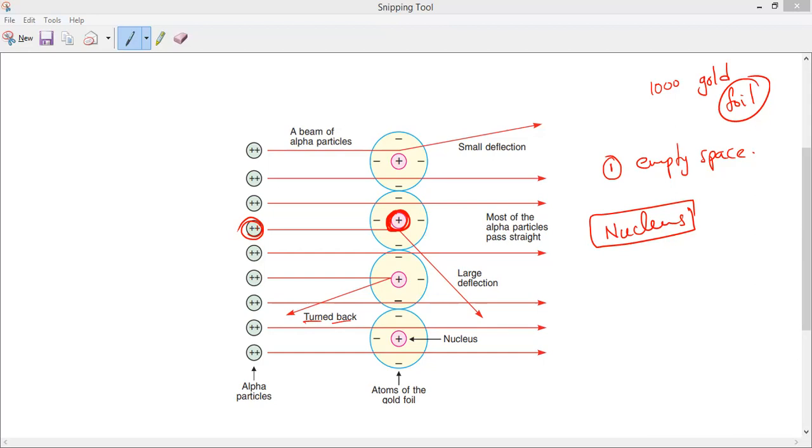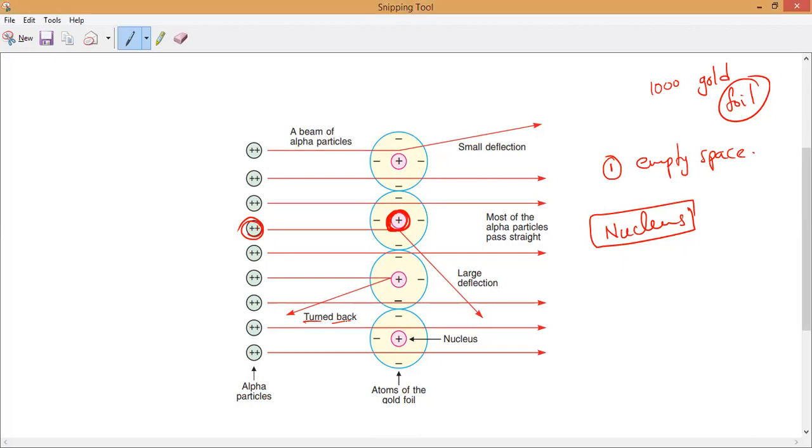Next, few alpha particles show minimum deviation, few show a little bit more deviation, and very few are completely rebounded, turning back on their path. Yes or no, guys? So those are the things he observed.